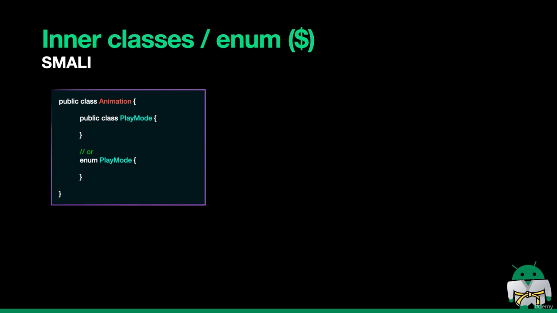So let's split this up over here. We've got our main class, the animation. Then we've got a subclass, or for example, an enum type, which is play mode. Now, if you want to address this play mode, we have to address the main class, which is animation, followed by a $ sign, and then we go into play mode. So then we can address the play mode class, or the play mode enum type.